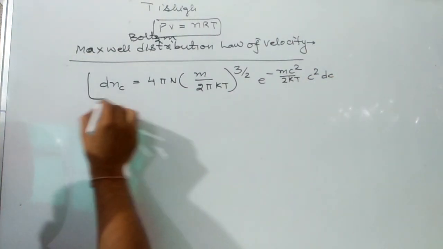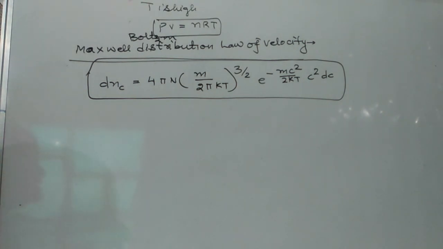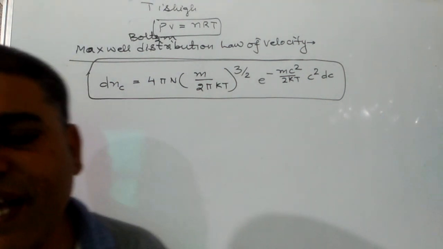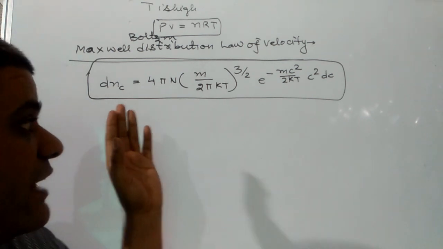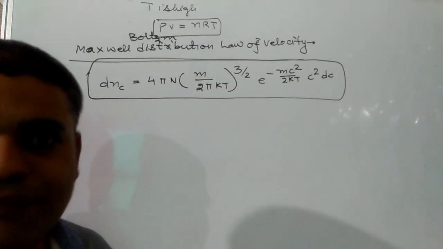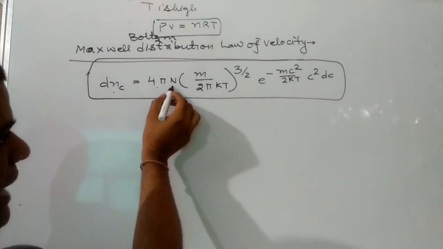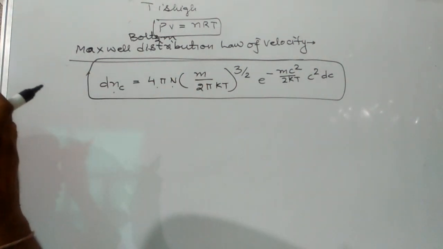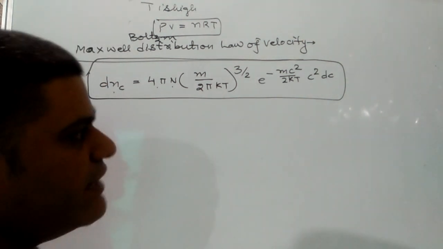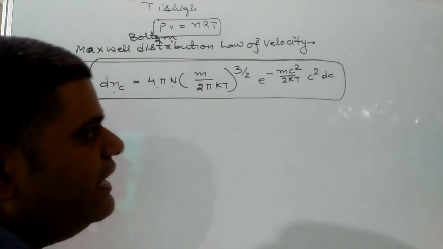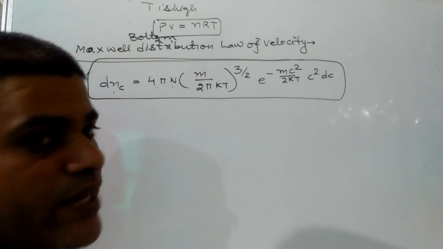This is our Maxwell-Boltzmann distribution law, and this law shows the number of gas molecules having velocity between C and C plus dc.